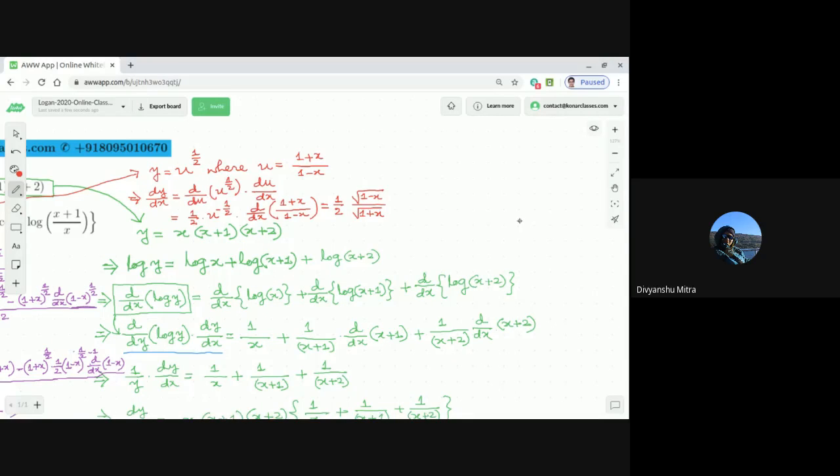Square root of the reciprocal. Correct? Then the denominator is 1 minus x whole square. Then 1 minus x into d by dx of 1 plus x, minus 1 plus x into d by dx of 1 minus x.